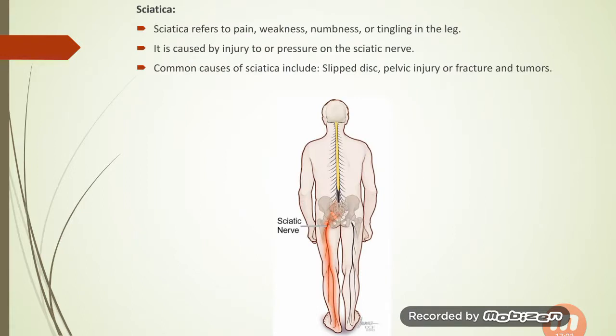Then comes sciatica. Sciatica is the severe pain of the leg in which the sciatic nerve has been swollen up. There is a very severe pain which is radiating over the course of the sciatic nerve. The sciatic nerve is shown in red color in the diagram, which causes severe pain, weakness or numbness or tingling in the leg.